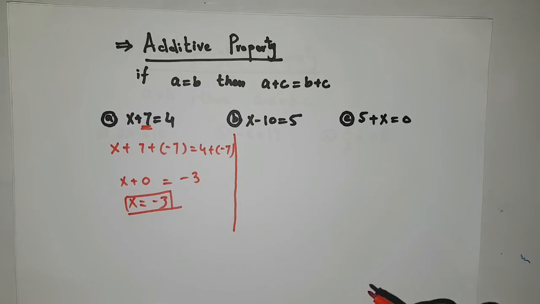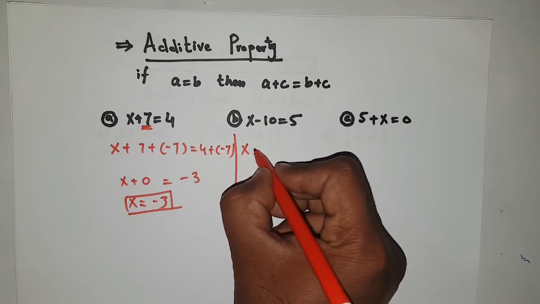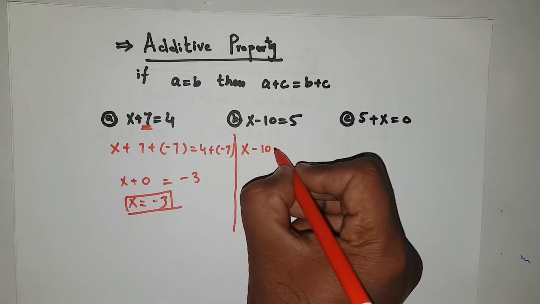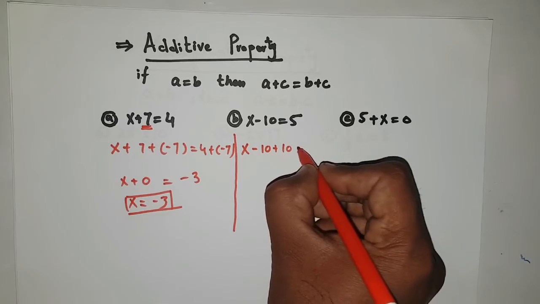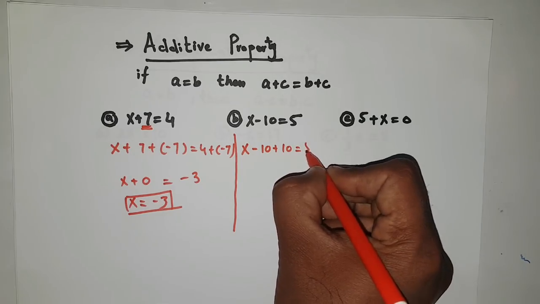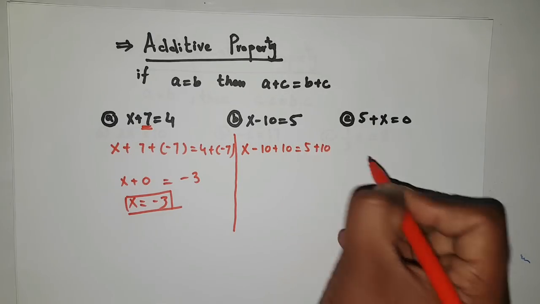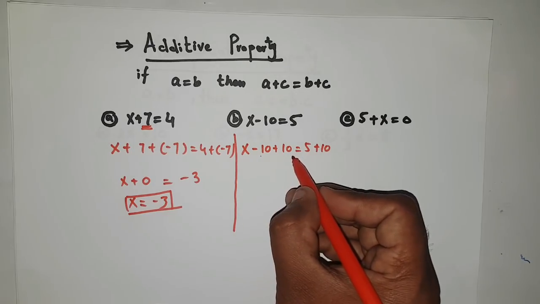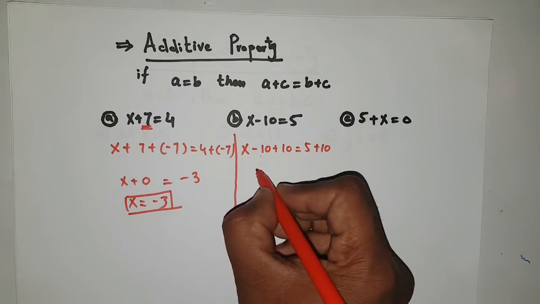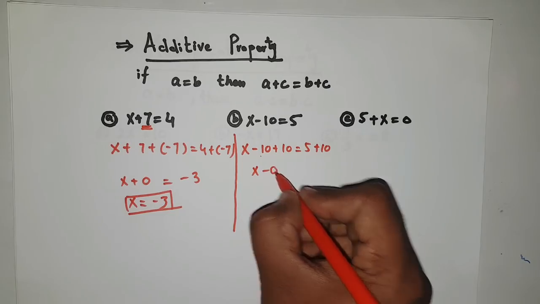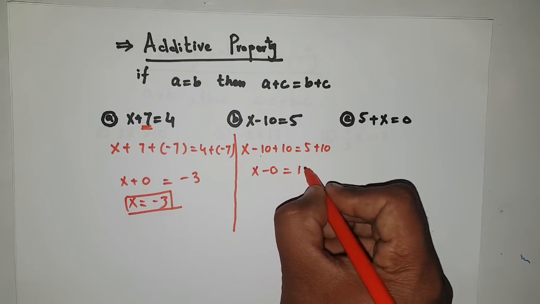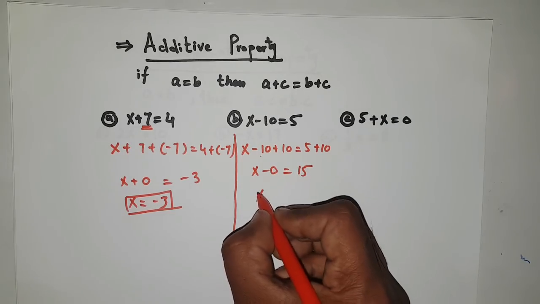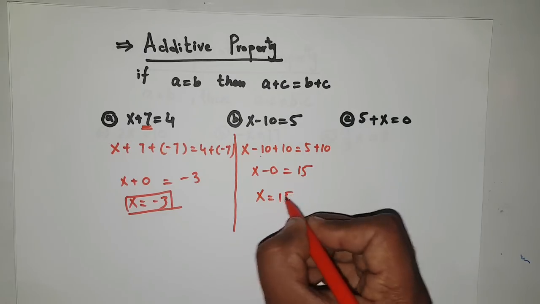The additive inverse of minus 10 is plus 10, so we have to add plus 10 on both sides of the equation. x minus 10 plus 10 is equal to 5 plus 10. Minus 10 plus 10, these are additive inverses, so x minus 0 is equal to 15. So we can write it as x is equal to 15.